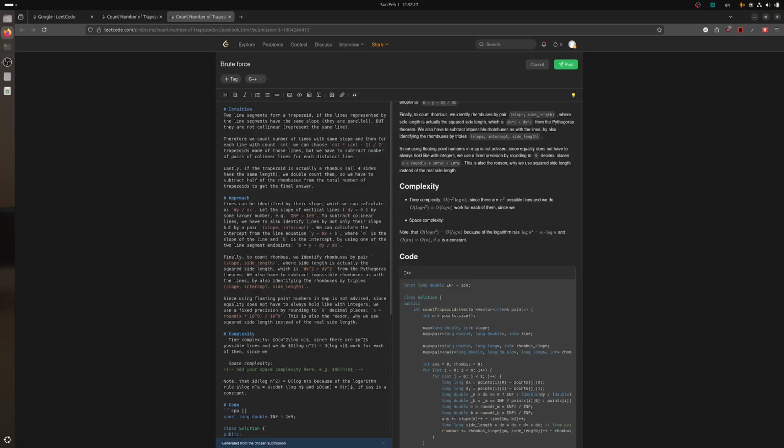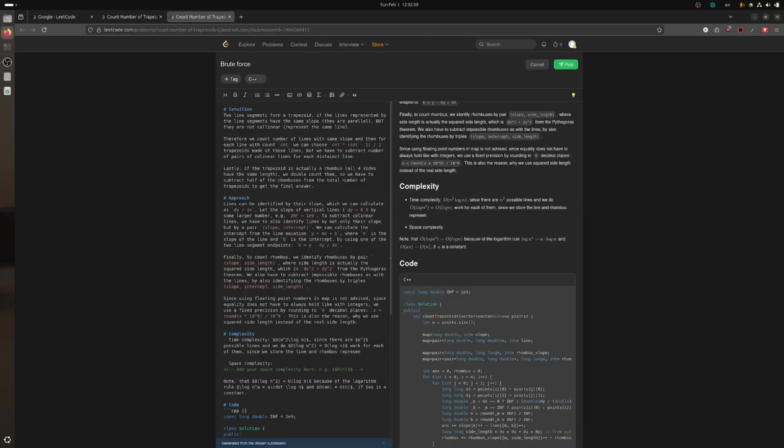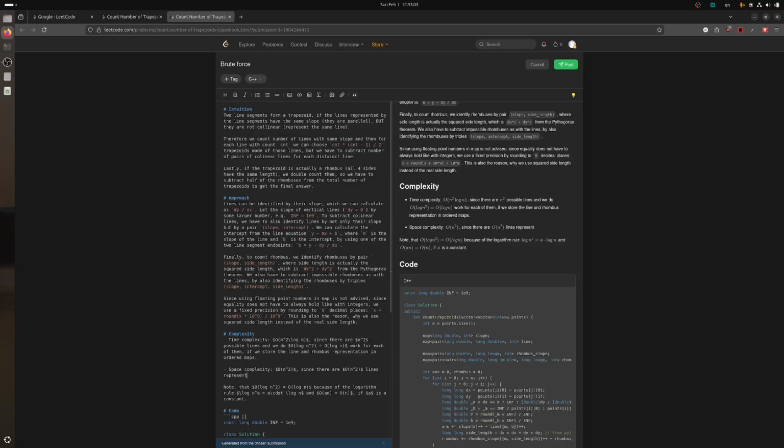Since we store the lines, the line representation and rhombus, in ordered maps, the query is O of log n, and there are O of n squared possible lines from the endpoints.